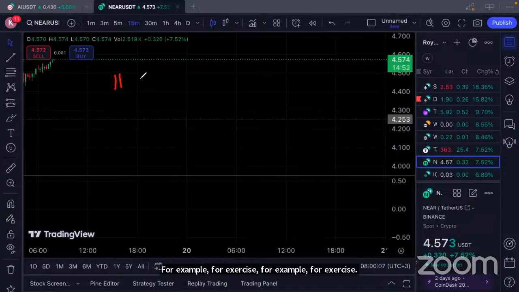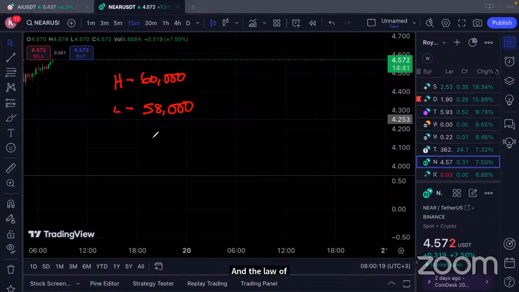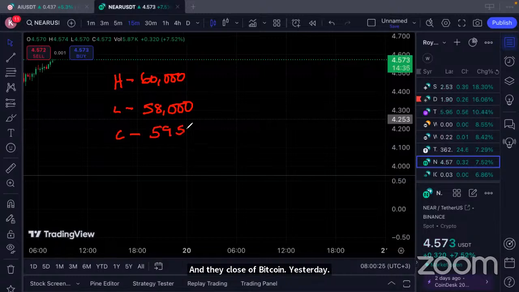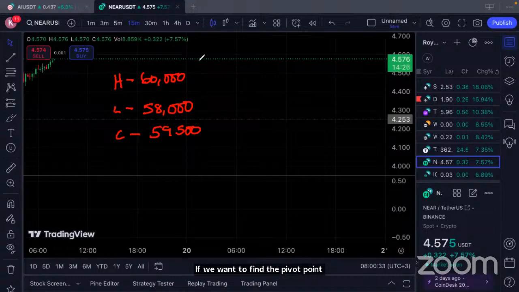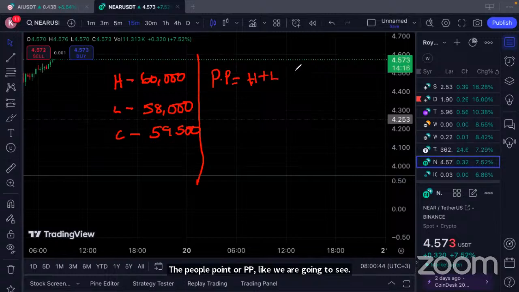If the high of Bitcoin yesterday was at $60,000 and the low of Bitcoin yesterday was at $58,000 and the close of Bitcoin yesterday was at $59,500, and we want to find the pivot point, the pivot point or PP will be the high plus the low plus the close divided by 3.